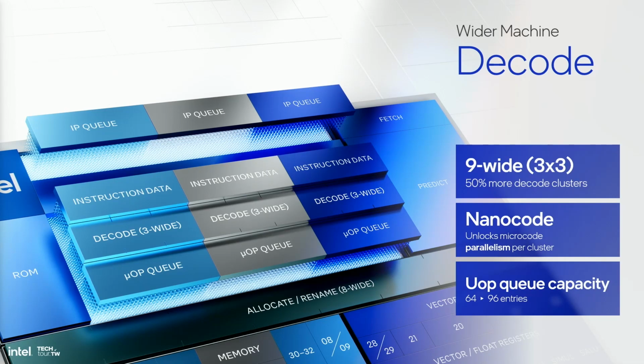This is two independent 3-wide decoders, so each one can find up to 3 x86 instructions, again, variable length. Previously we did that on 2 clusters at a time. In SkyMont, we add a third cluster. So now we've improved our instruction throughput for decode by 50%. This is a 9-wide front end for sustained decode.